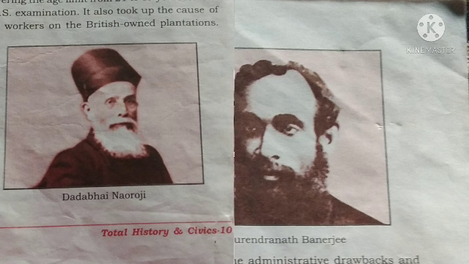Its objectives were the creation of a strong body of public opinion and the integration of Indian people on the basis of common political interest. At the same time, the promotion of friendly relations between Hindus and Muslims was also encouraged. Its achievement was that it launched agitations against oppressive acts like the License Act and the Arms Act.